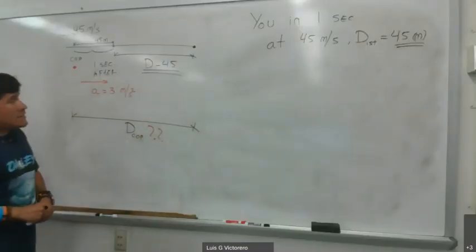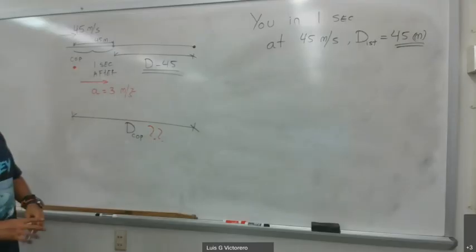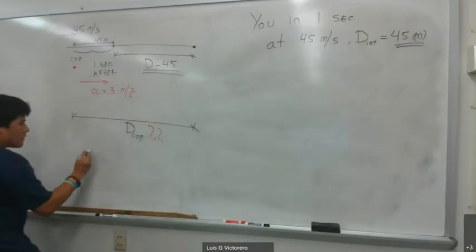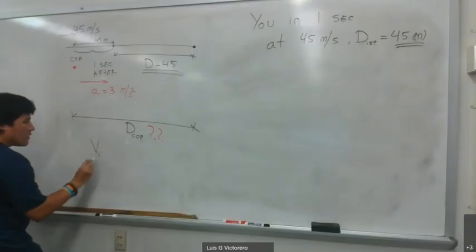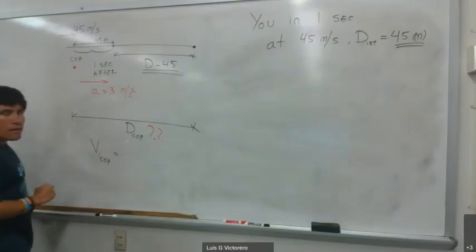The cop was hidden, so it wasn't moving. What's the initial speed of the cop? 45? No. Zero. That's the initial speed of the cop.